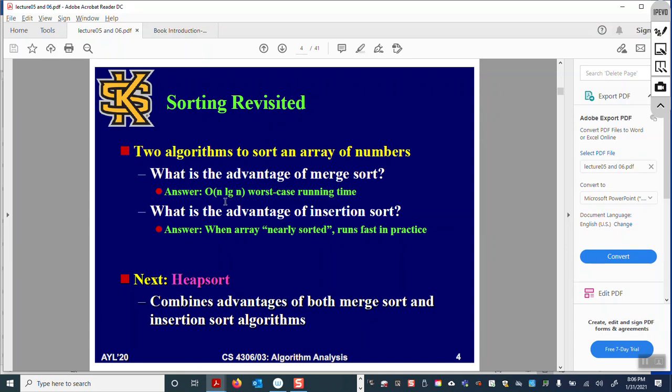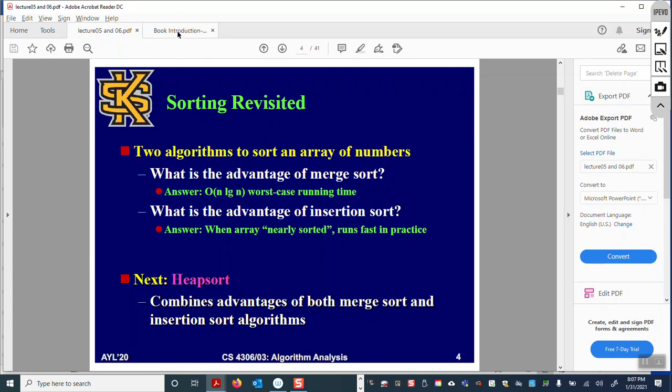Another thing is that insertion sort is an in-place sorting algorithm, so it does not need extra memory. But merge sort takes less time, although it is not in place.